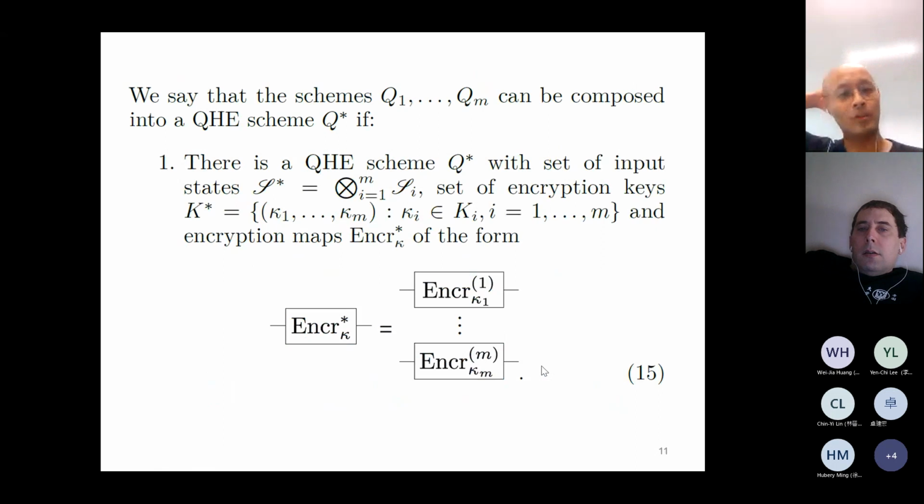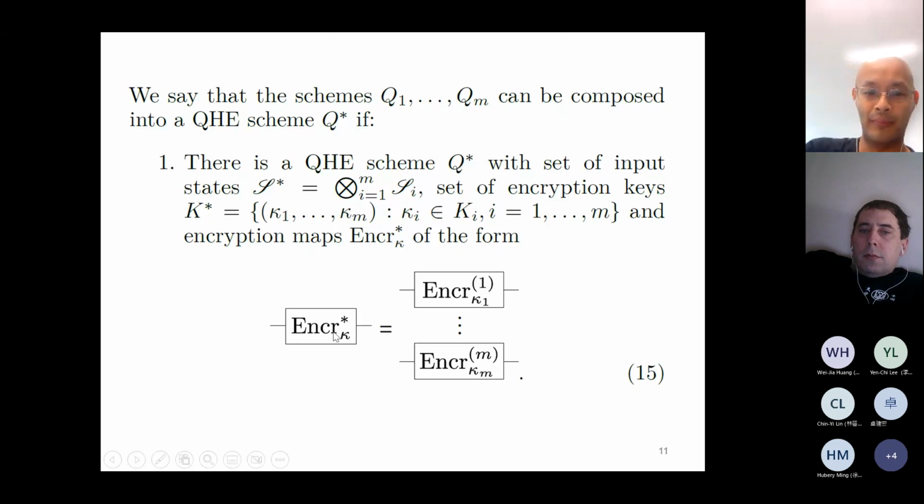Then we're going to define what it means that you can compose the schemes Q1 to Qm into a bigger QHE scheme. This is not the only way to define it, but it's a particular way, and we try to do the definition in as natural and easy a way as possible.